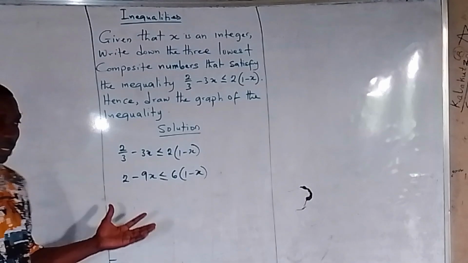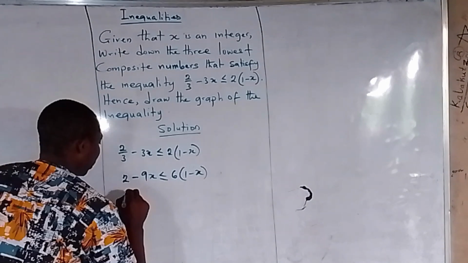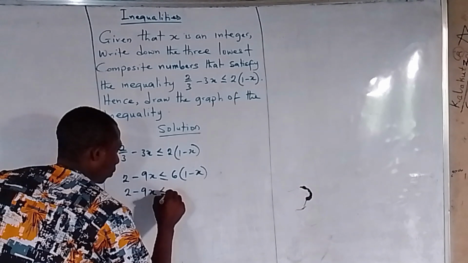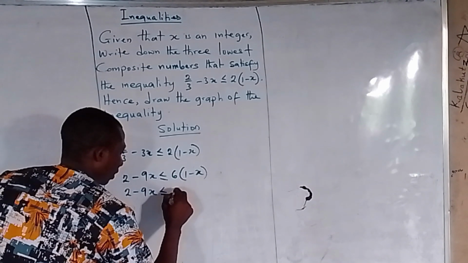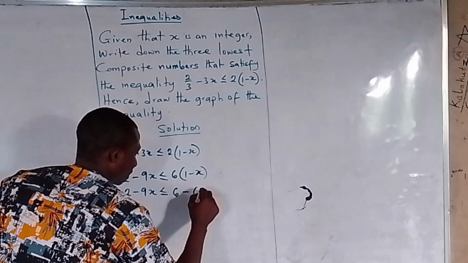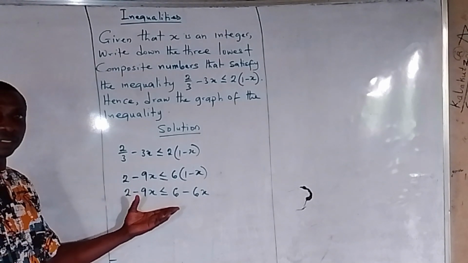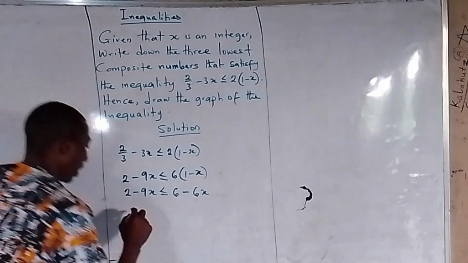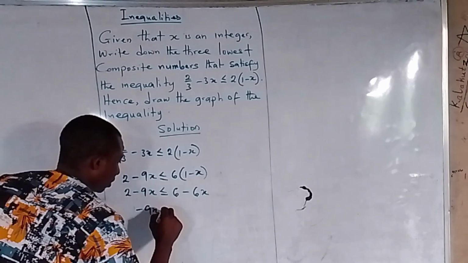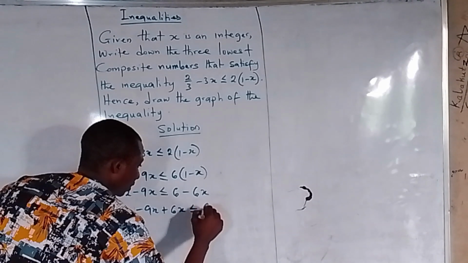Okay, so what's the next thing to do? We open the bracket here. So you have 2 minus 9x less than or equal to 6 times 1, 6, and 6 times minus x gives you minus 6x. And here you can go ahead and collect the like terms. So we have minus 9x; this comes to this side, we have plus 6x less than or equal to 6.